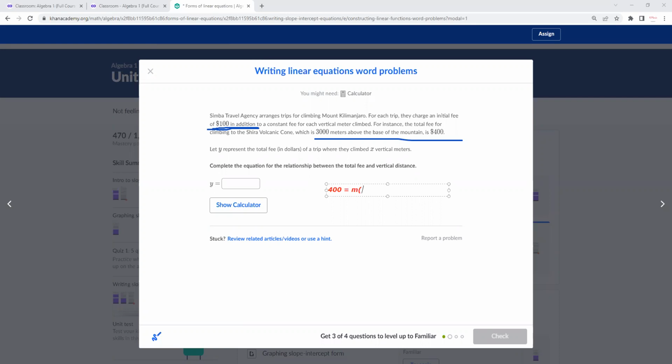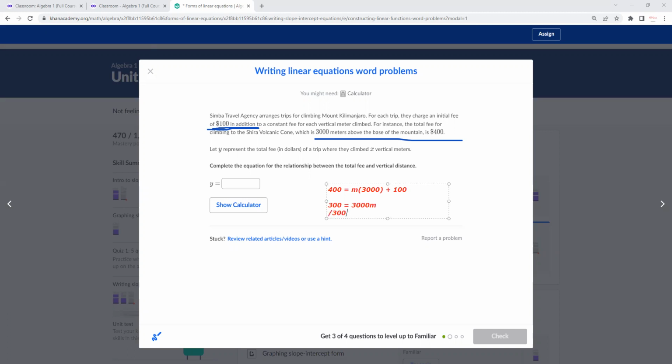We know that they went 3,000 meters though above the base of the mountain, and the initial fee is $100. So even if you start at 0, the initial fee is $100. So that gets me, I'm going to minus 100 to the other side. I get 300 is equal to 3,000 m.